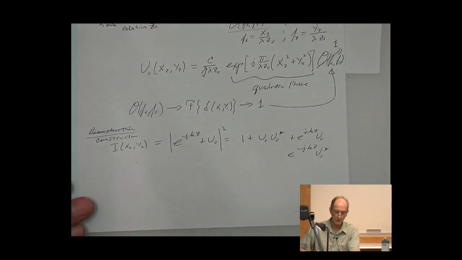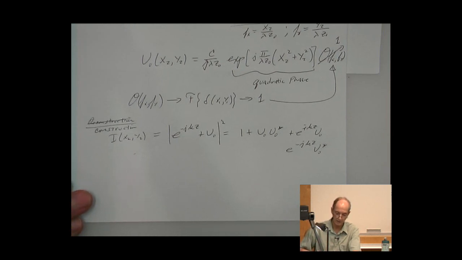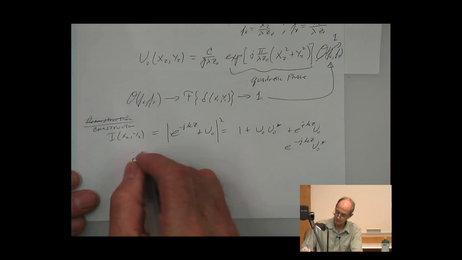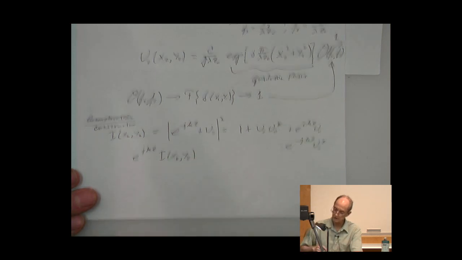So what we can do then is, if we reconstruct this, illuminate it with the conjugate, all right, so here we would illuminate this with e to the j kz times this I of x2, y2.